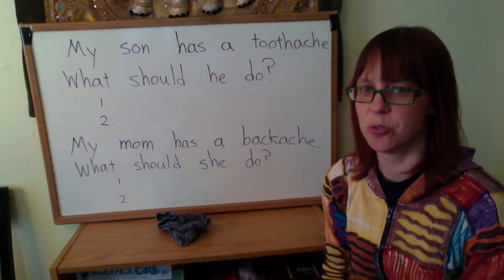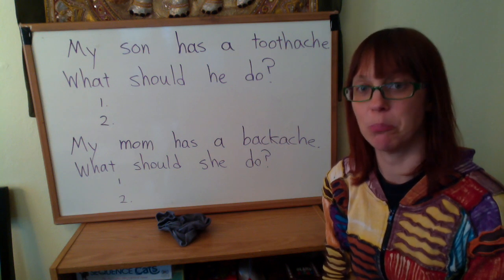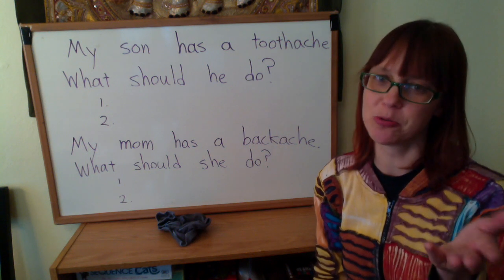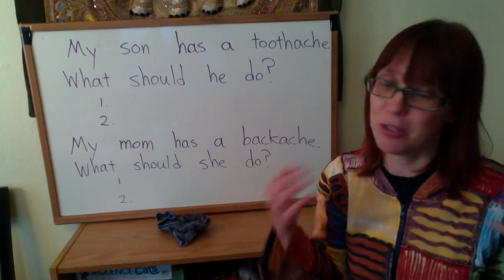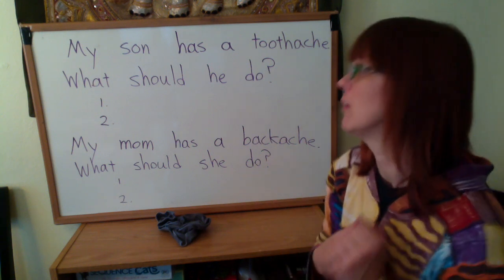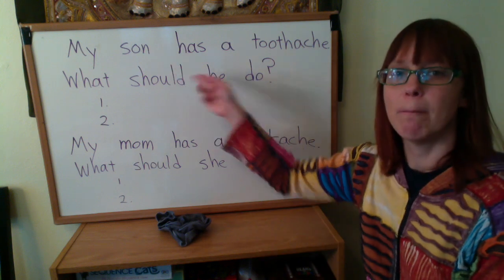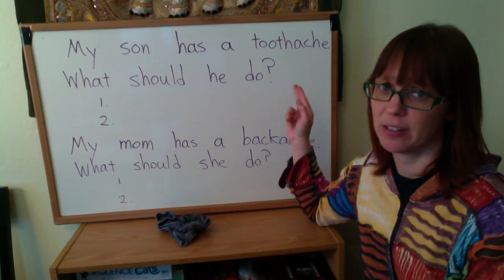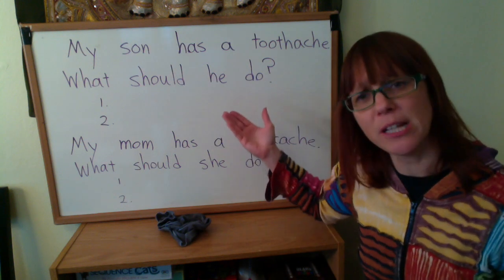Here are 2 examples that you can do in your house if you have time. If not, it's okay. But here is some practice that you can do. My son has a toothache. What should he do?